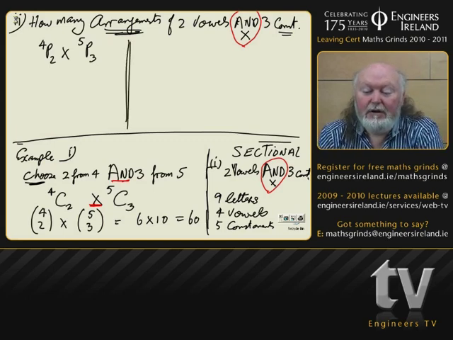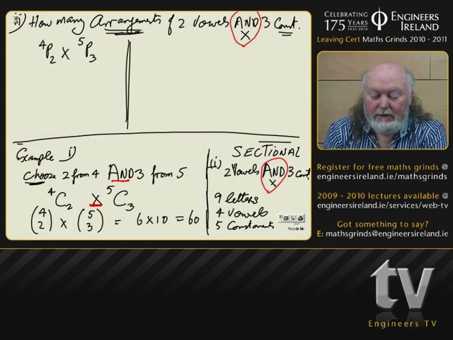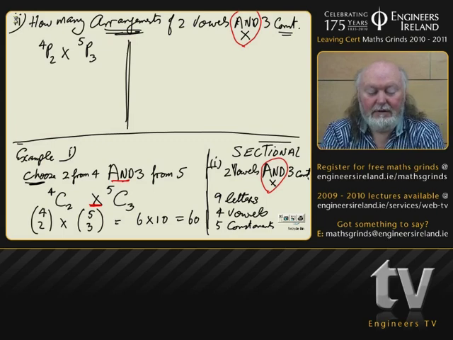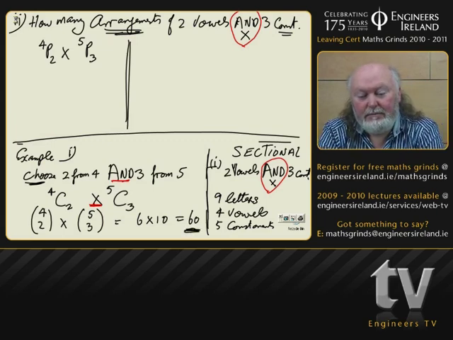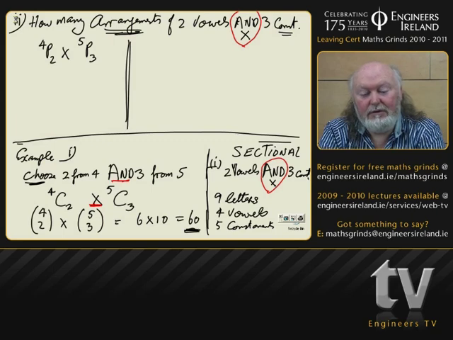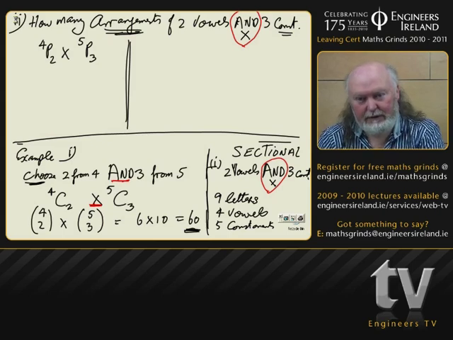The other one is, well, we already know that we have 60 ways of choosing 2 vowels and 3 consonants. And now the difference between choosing and arranging is that each of those sets can now get arrangements. We can find how many ways we can organize them, okay?